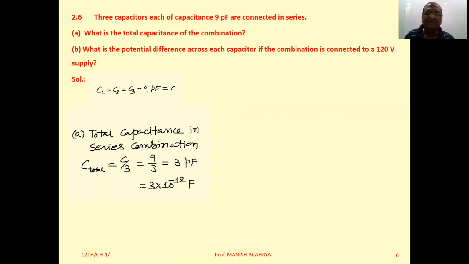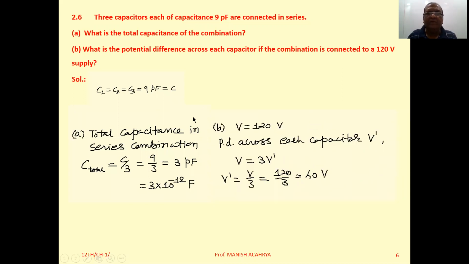When each capacitor has the same value, then C total, as per the equation, is C by N. We can write C by 3, that is 9 by 3. So 3 picofarad, that is 3 into 10 raised to minus 12 farad.